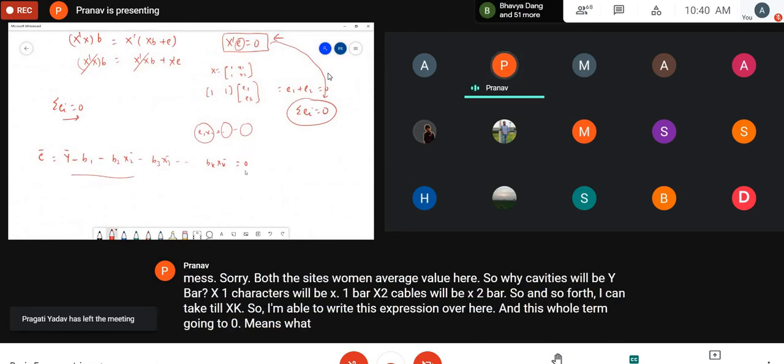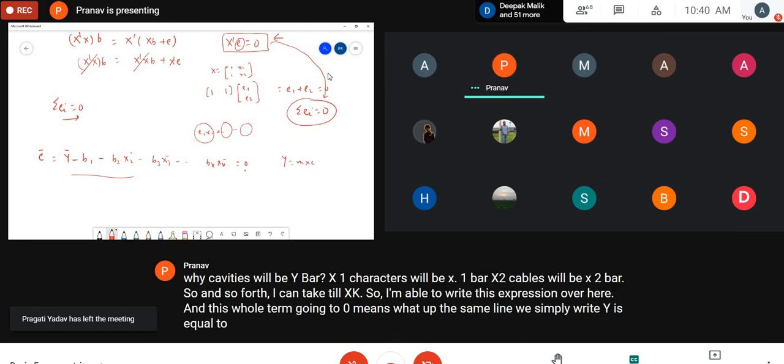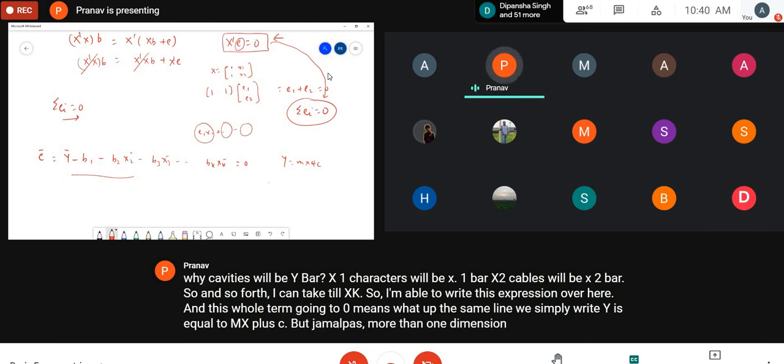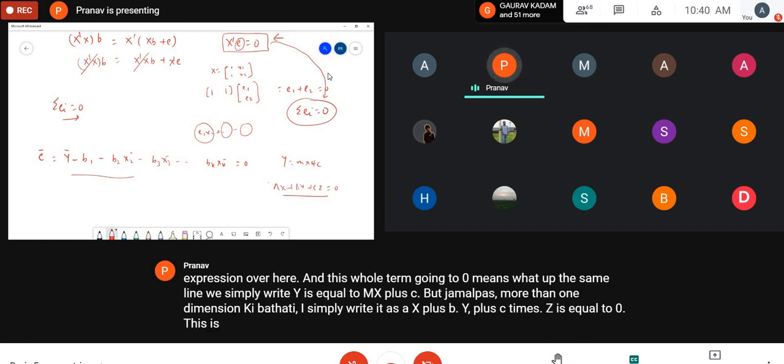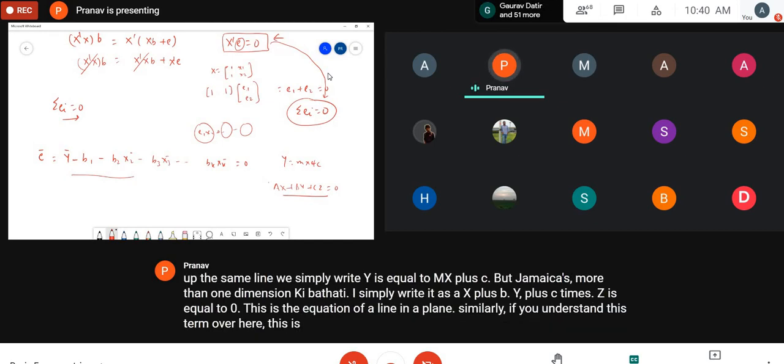अब जैसे जब हमारे पास straight line होता है, we simply write y is equal to mx plus c. But जब मेरे पास more than one dimension की बात आती है, I simply write it as ax plus by plus cz is equal to 0. Similarly, if you understand this term over here, this is y bar minus this term, whole going to 0.